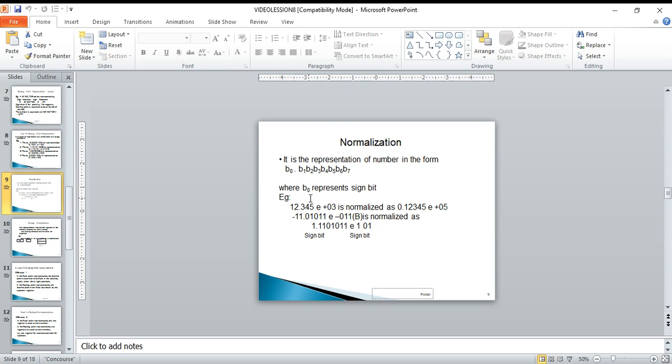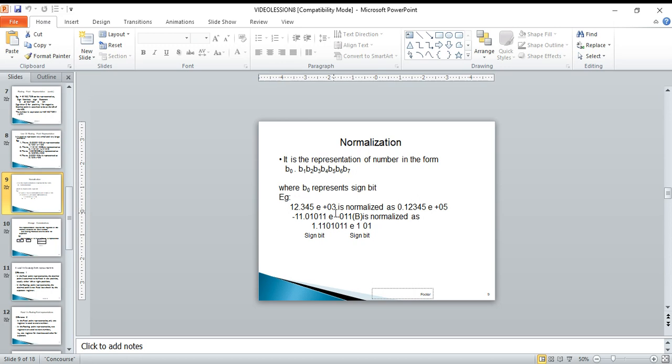Say one example, 12.345 e to the power of plus 03. This can be normalized as follows. This is a positive number, so take 0 as the sign bit. This decimal point moves towards the right, so take plus 2 as the exponent.